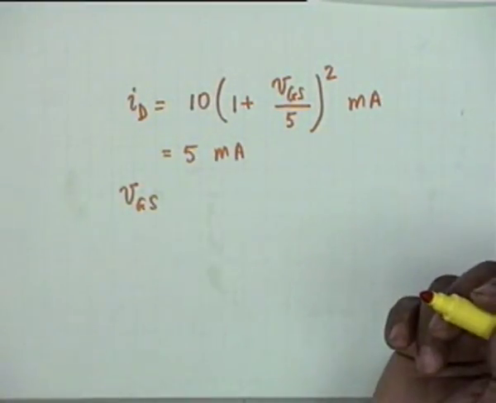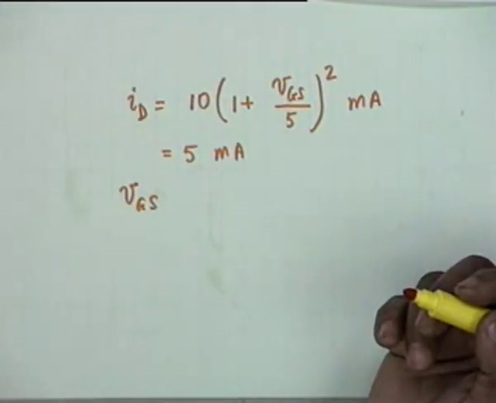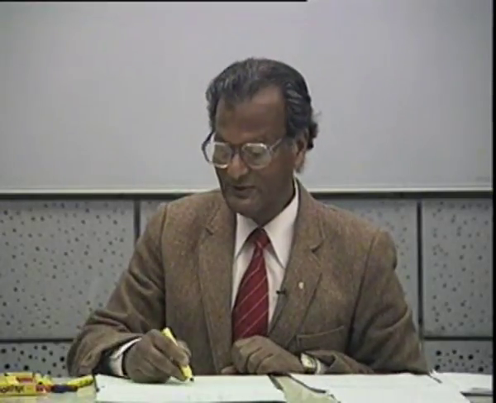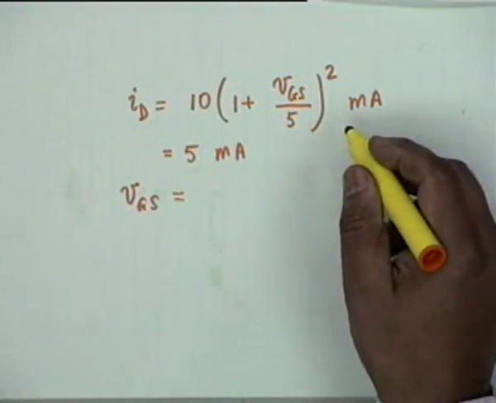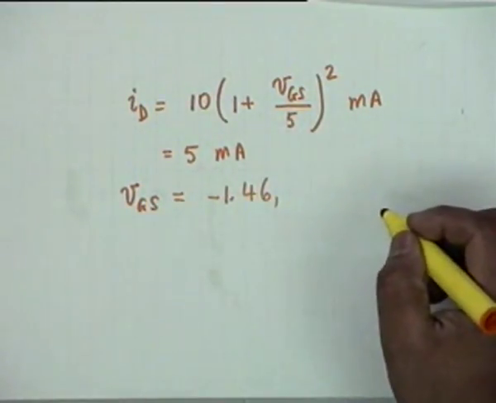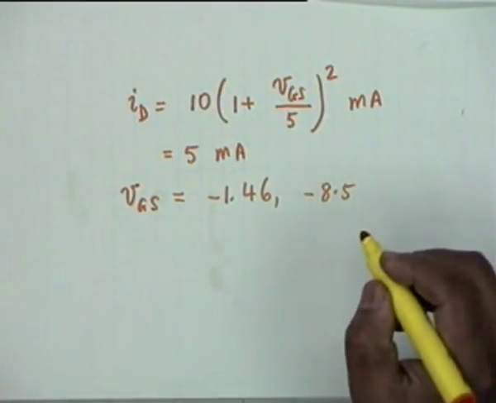VGS should have two values, isn't it? Why? This is a square. So it should be two negative values, and if you solve for this numerically, minus 1.46 is one value, this is my answer, and minus 8.5.